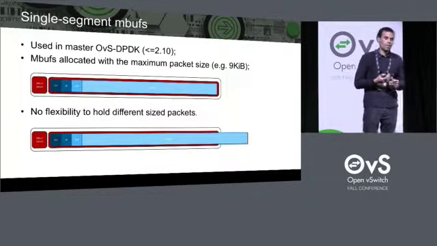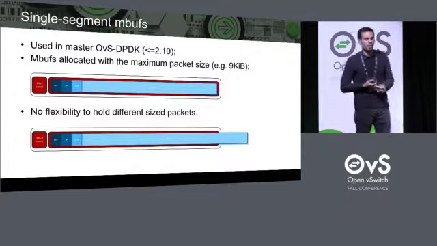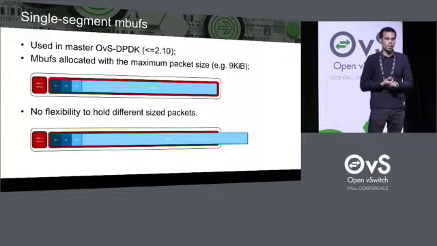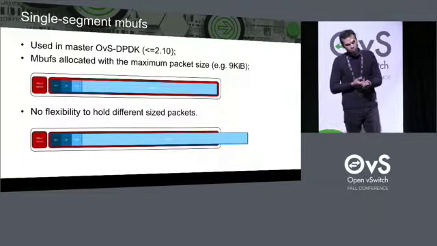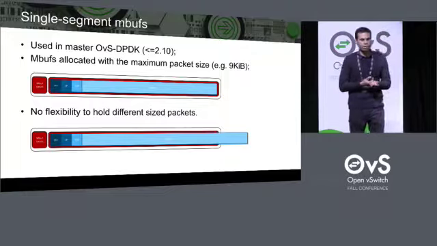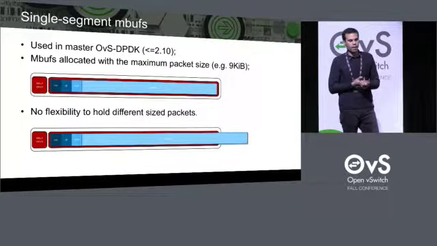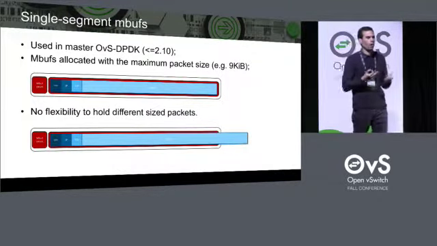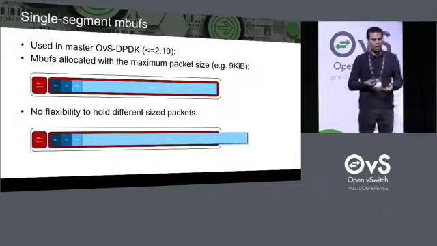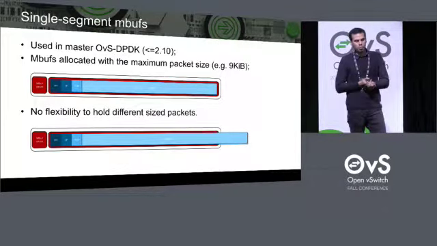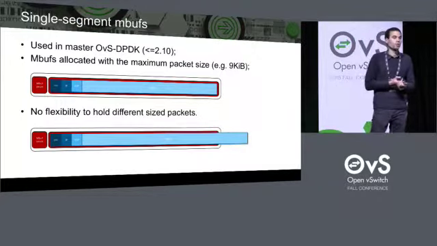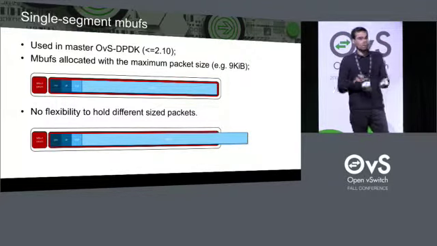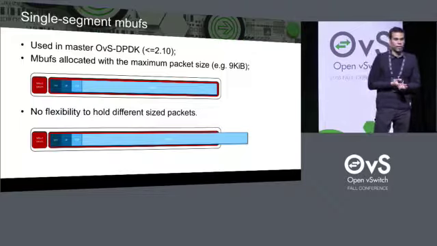You can see an MBUF in DPDK as basically the DP packet struct in OVS, or even the skbuf struct in the kernel. So it's basically the structure that holds the packet data, and it also has a few other metadata associated with it. In OVS master, currently OvS-DPDK doesn't make use of multi-segment MBUFs at all.